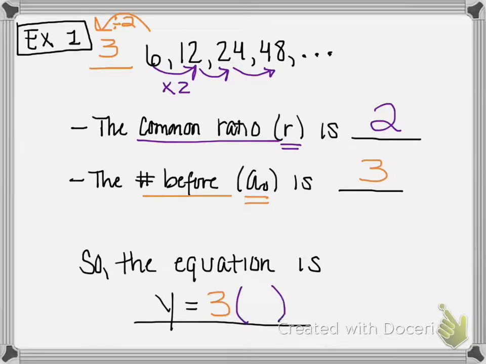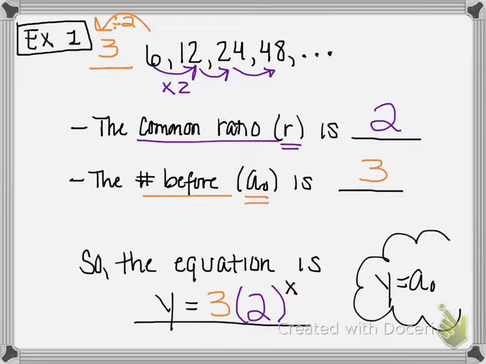So the r is the number 2, and then to the power of x. And x is always just going to stay as an x. Typically, the r is the only one that goes inside of parentheses when we write these equations. Your equation is y equals a sub 0, and then parentheses, your ratio, to the power of x. Okay, so that's what our equation looks like.